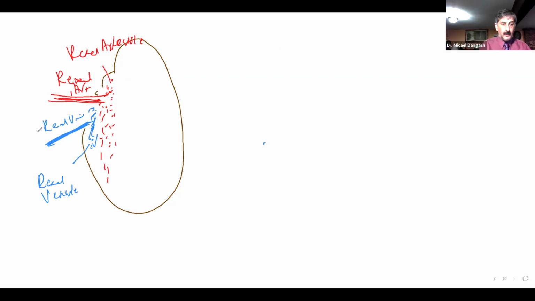Now, guys, generally in the circulation of most organs, there would be an artery. That artery gives off smaller branches, which we call arterioles.